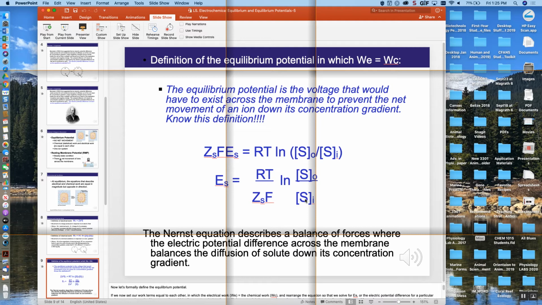If it's going against its concentration gradient, then you know the electrical work is in play. So in this case, the electrical work is greater than the chemical work. And you already drew your graph, so you've answered that entire question.